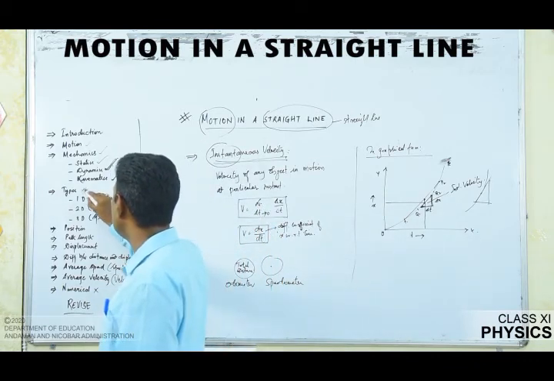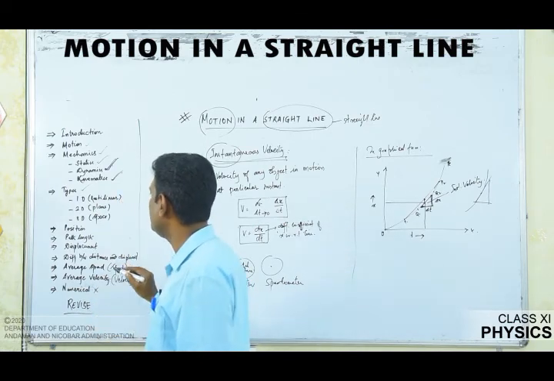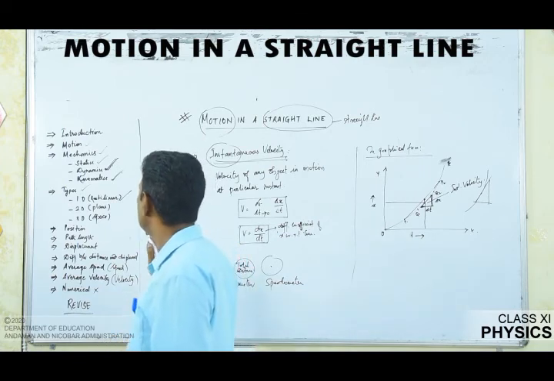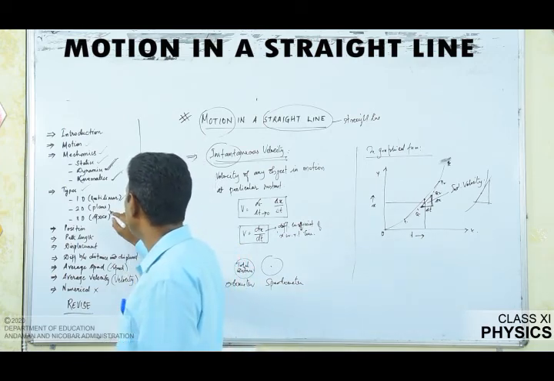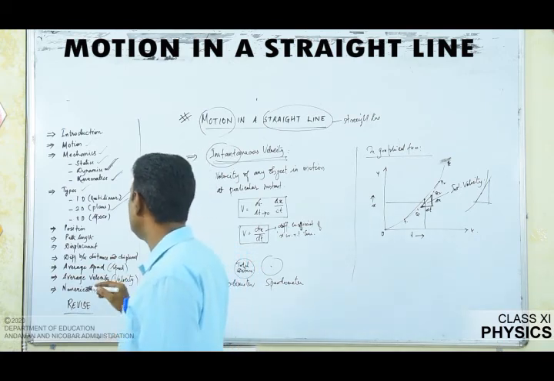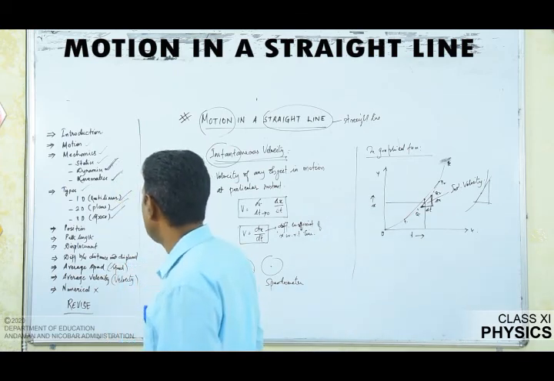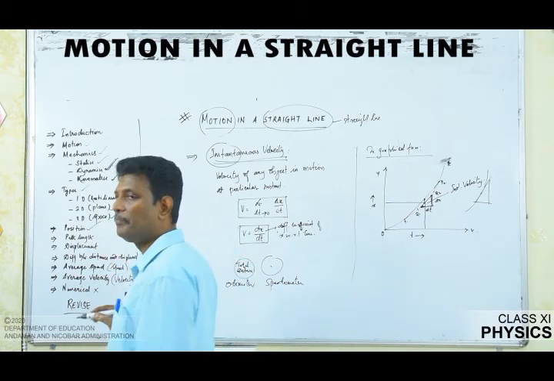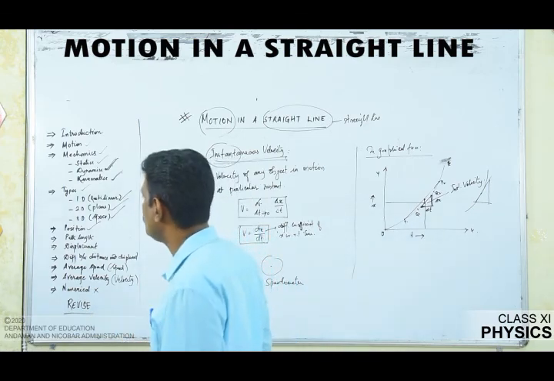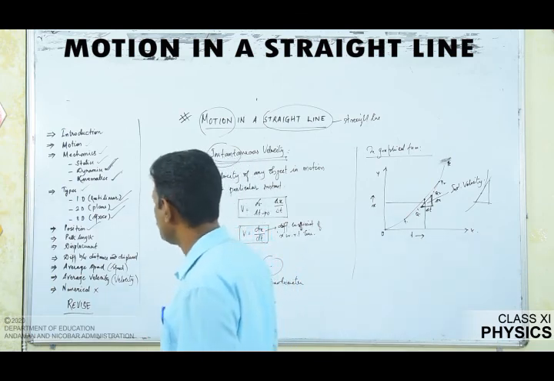Then we come to the types of motion we have seen. If an object is moving in a straight line, that is said to be rectilinear motion. If the object is moving in 2D, then it is called planar motion. If an object is moving in 3D, then it is said to be motion in space. Next we have seen position with respect to x axis, y axis, z axis, and if it is joined with time, then that is called frame of reference.